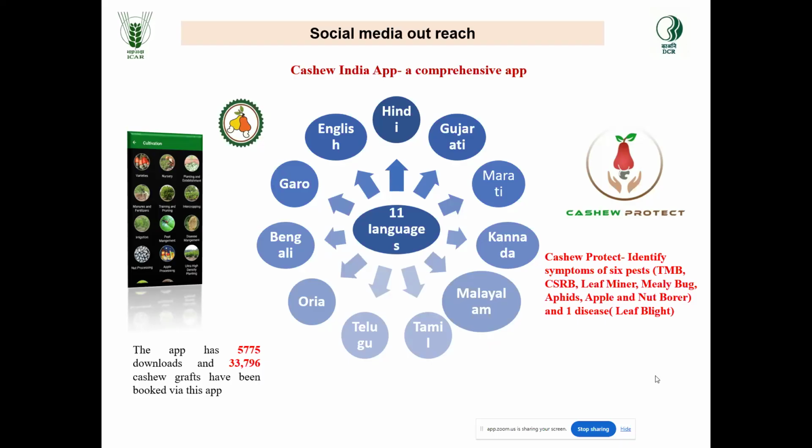It is region specific. We can install this app from the Google Play Store, and get complete information about cashew cultivation out of it. This is one of the novel approaches we made in cashew to help the cashew growers all over India.